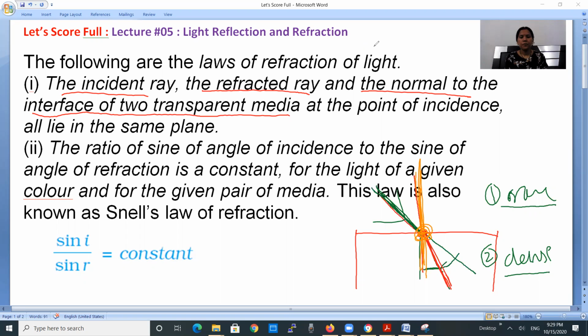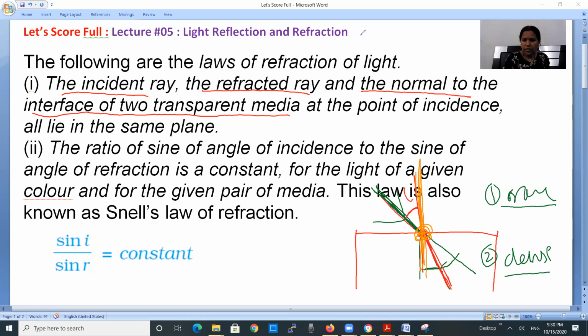See the second law. Second law says the ratio of sine of angle of incidence. Sine means trigonometric ratio में हमने पढ़ा है perpendicular upon hypotenuse. Correct? So the ratio of sine of angle of incidence to the sine of angle of refraction. अब ये देखते हैं भाई.